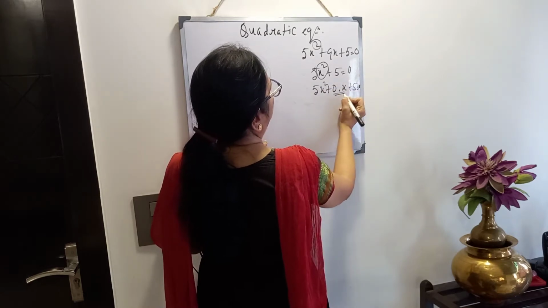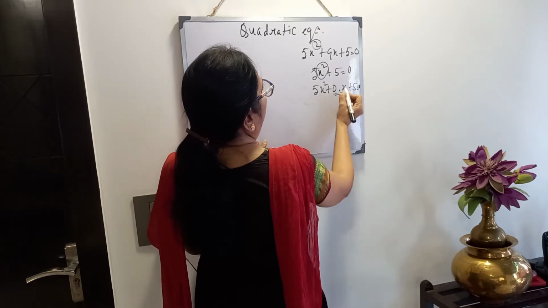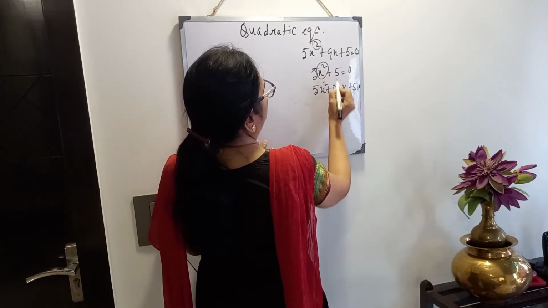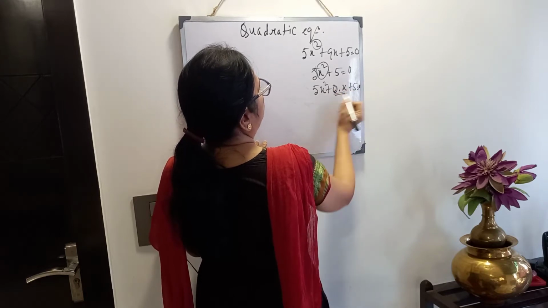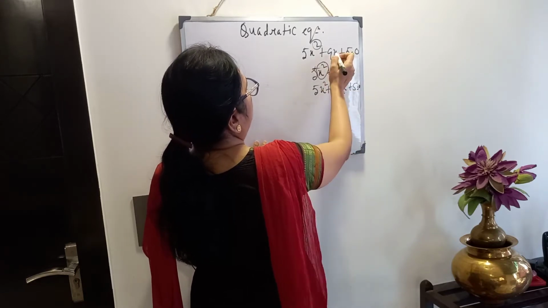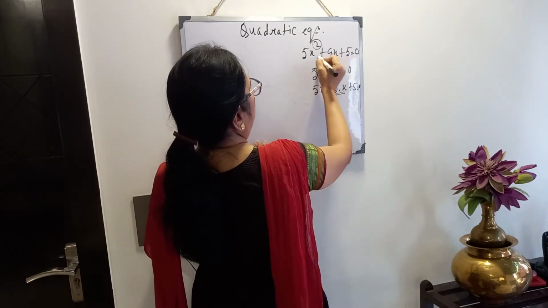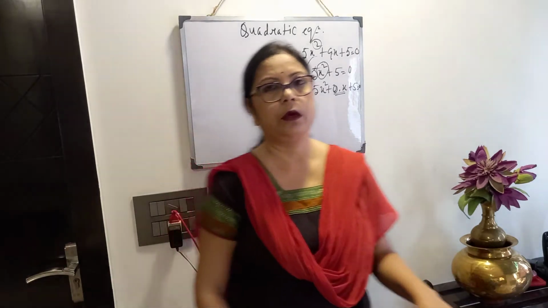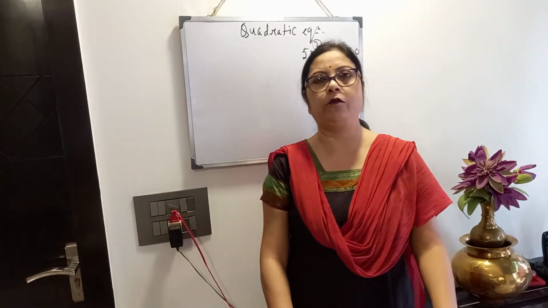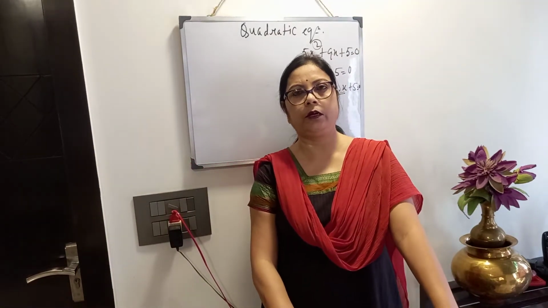Here 0 into x means 0. Then it will become the same form. Clear? So any equation in which the highest power of the variable is 2 is called quadratic equation.